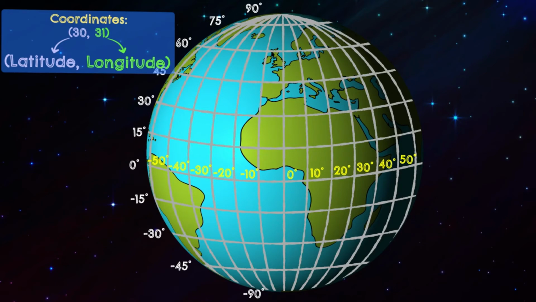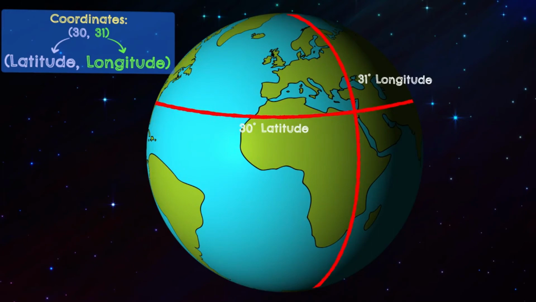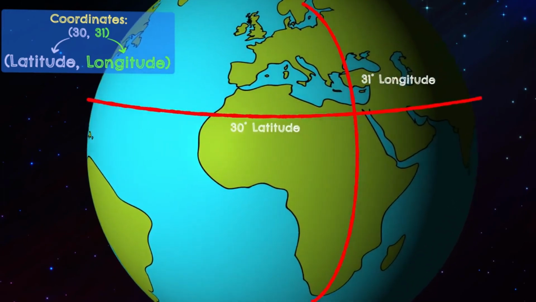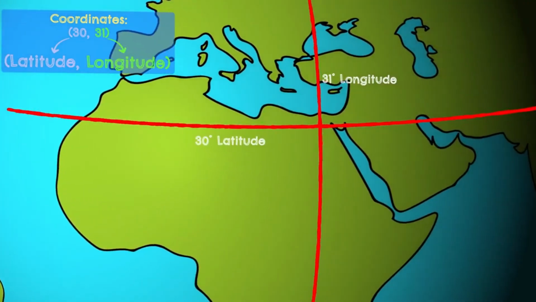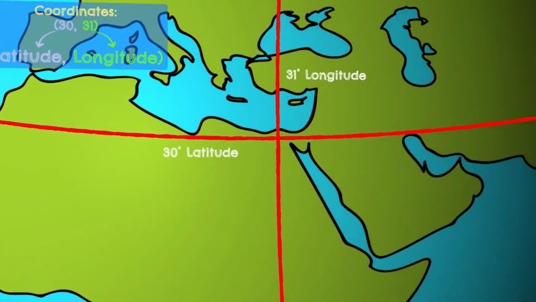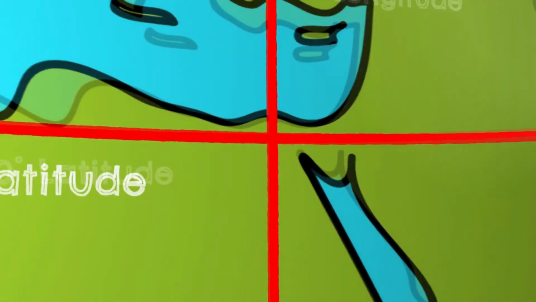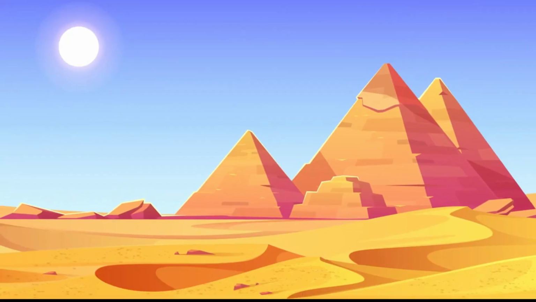For example, if I asked you to look for a mystery place with coordinates of 30 and 31, then you would find the latitude at 30 degrees, that is northern hemisphere or above the equator, and the longitude of 31 degrees, that is eastern hemisphere or right of the zero meridian line. And where these two lines cross each other is our mystery place, the Great Pyramid of Giza.